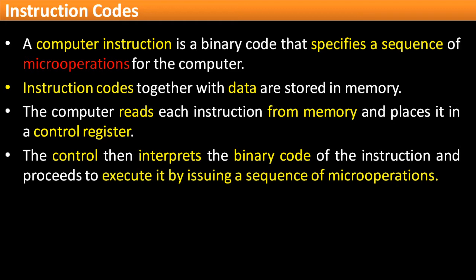That is passed on to the timing and control unit, where the timing and control unit issues different sets of control signals in sequence to complete a particular task which has been mentioned in the instruction code. Those sequences of signals are basically called micro operations.